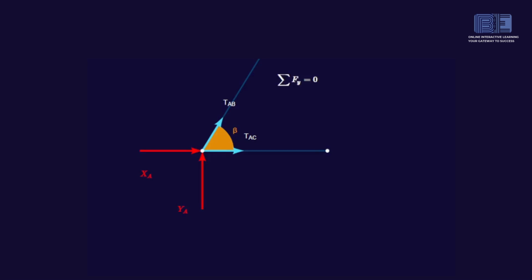Similarly, we consider joint A. The y direction equilibrium gives TAB equals negative 231 newtons. The x direction equilibrium gives TAC equals 115 newtons.